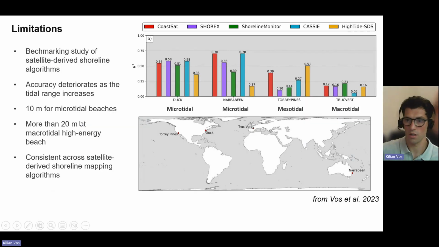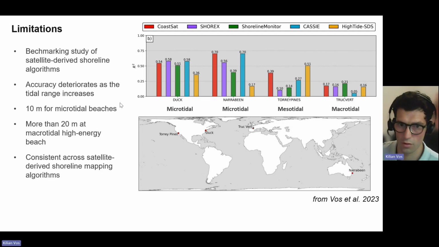A bit more on this, we did a benchmark of all different algorithms, 5 different algorithms actually, across 4 sites that had long-term monitoring programs. 2 microtidal ones, 1 mesotidal, and that macrotidal one in France, Truc Vert. You can see how the accuracy, that's R square, for the 5 algorithms just decreases as the tidal range increases.